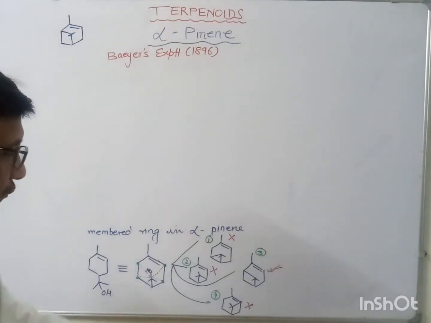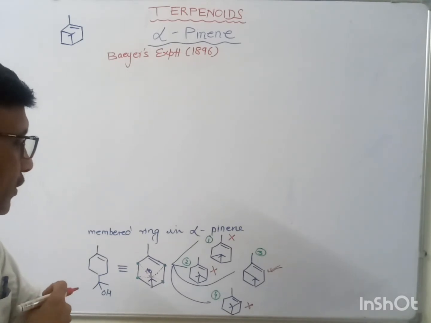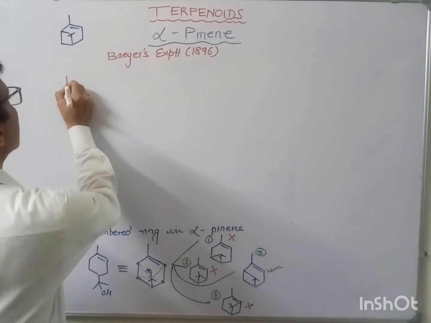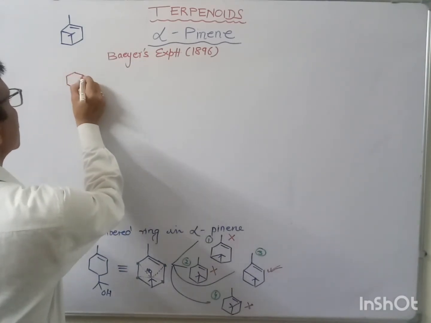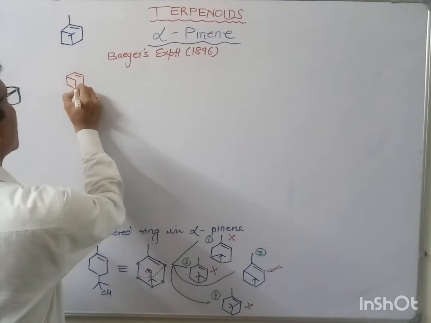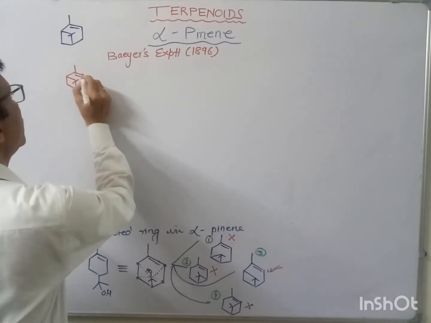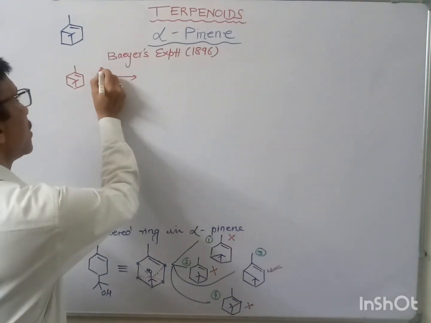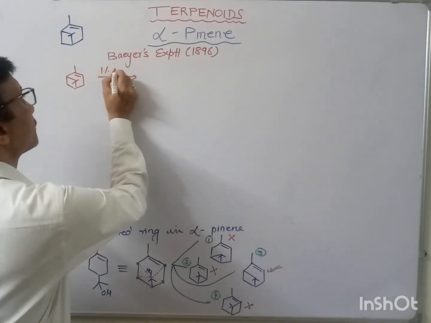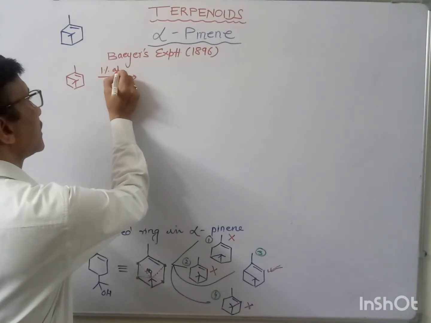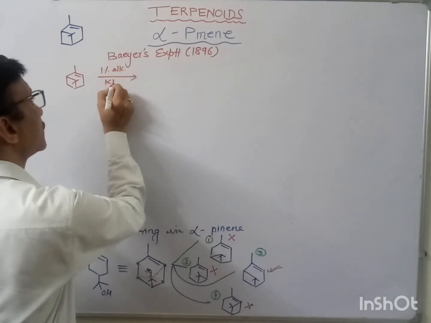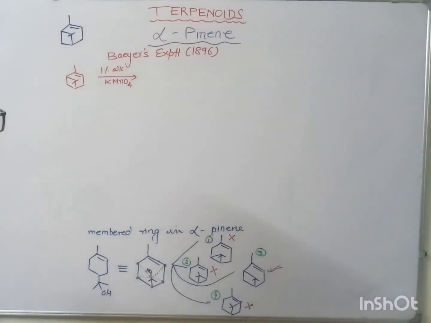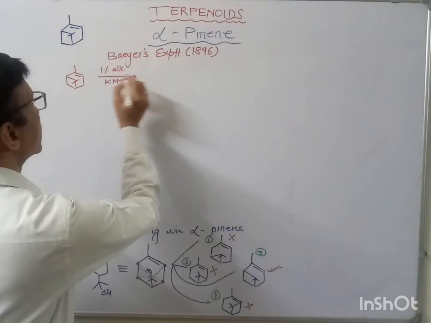So how was it proved? It was proved when this alpha-pinene, suppose this is the structure of alpha-pinene, was treated with 1% alkaline KMnO4 in cold condition.